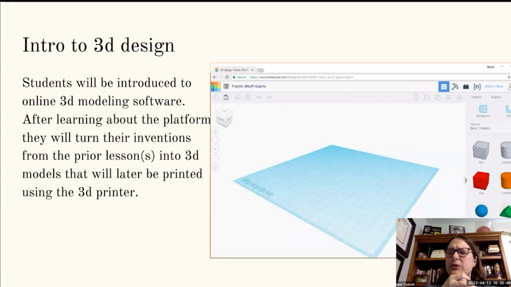And then they used this program to come up with designs for their particular endangered species. So they chose an endangered species. I shared with them the endangered species list, and they chose one from there. They did research to find out where the animal is from and what were the three main factors that were causing their endangerment.